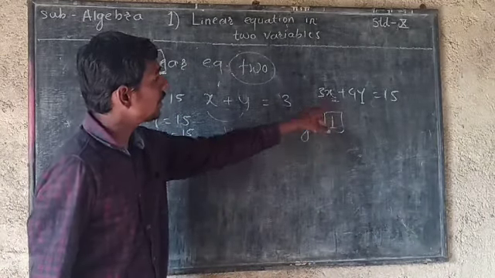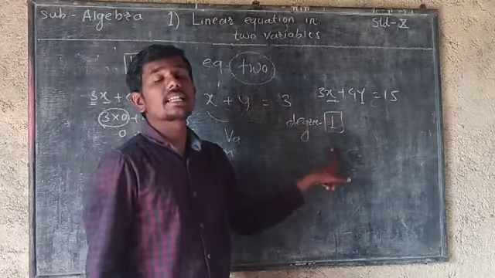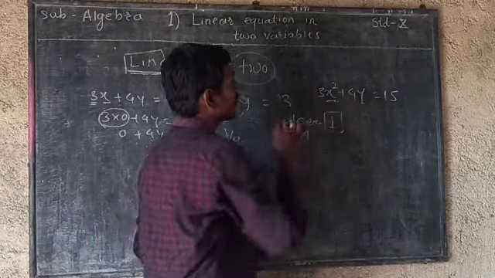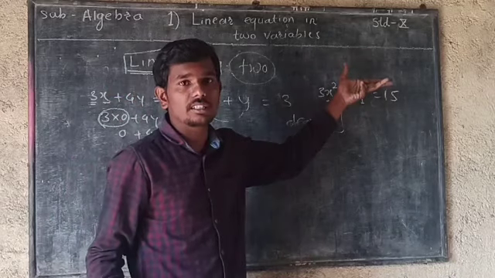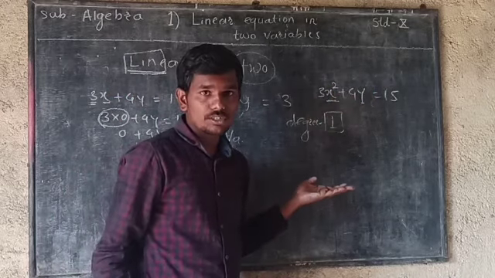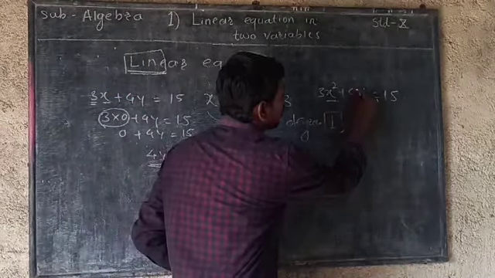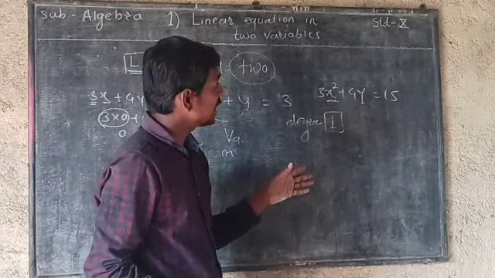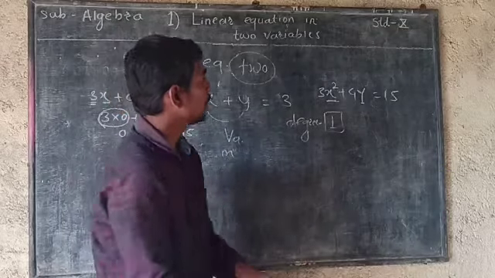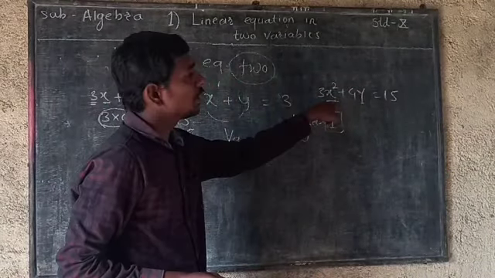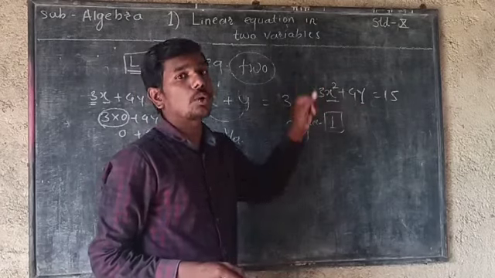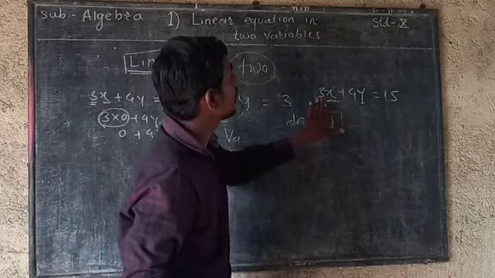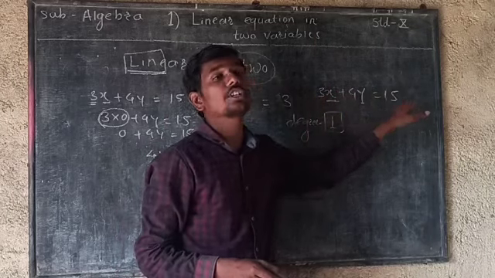The highest degree will be 1. It will definitely not be more than 1, okay. Because if we take 2 here, it will go into a quadratic equation. It will become a quadratic equation. But here is y, so there are two variables also. It will become quadratic because of this square, but without this 2 it will become a linear equation in two variables.